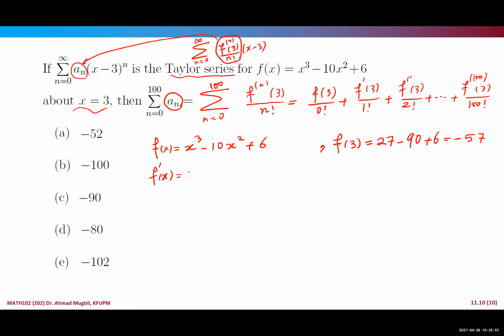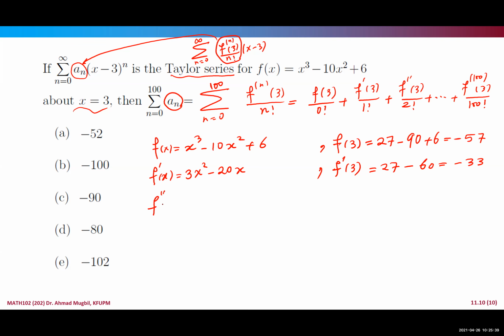The first derivative, not the second, the first derivative is 3x squared minus 20x plus 0. What is the value of the first derivative at 3? It will be 3 times 9, 27, minus 3 times 20, which is 60. That is negative 33, right?